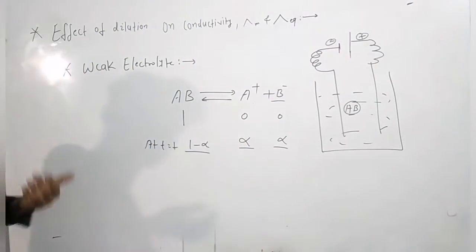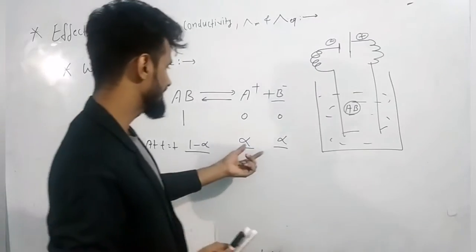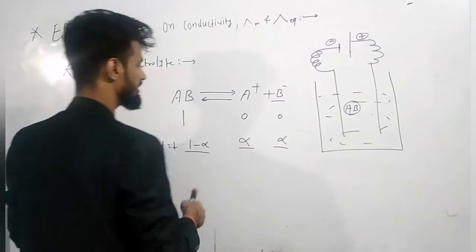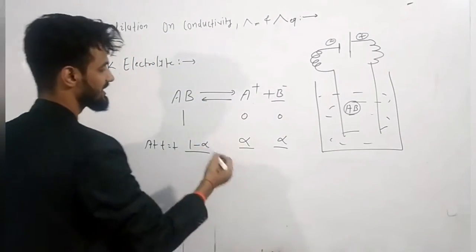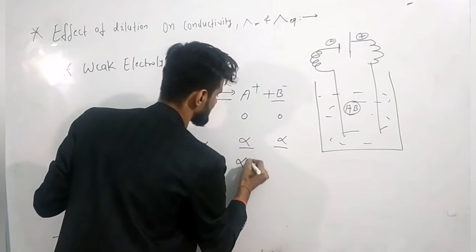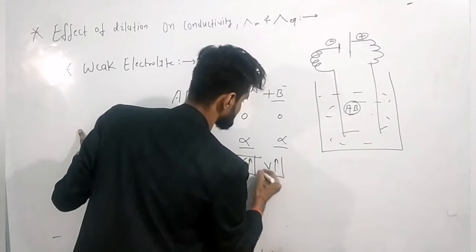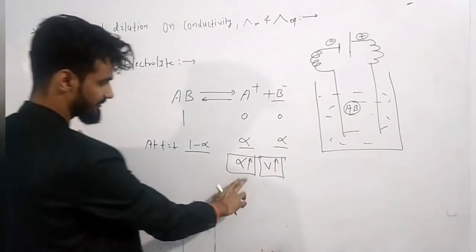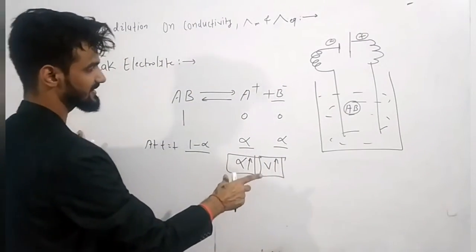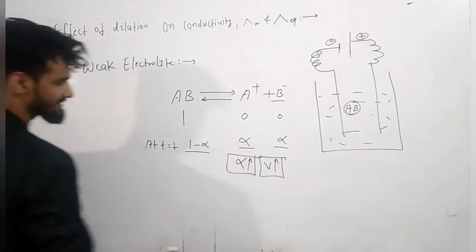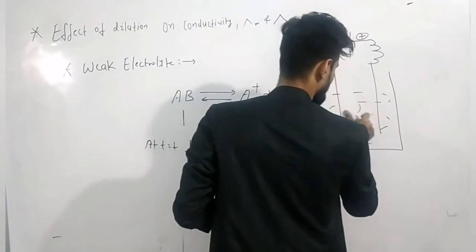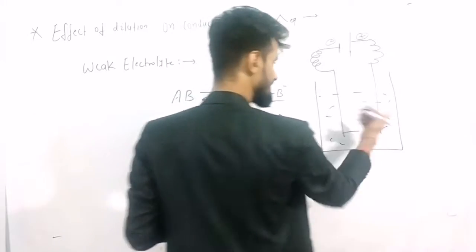I think up to this point you all are clear. Understand one thing. Alpha is very less than 1. Now, if you are going to dilute, due to dilution the value of alpha increases. The degree of dissociation increases if volume increases. Means in this particular electrolyte solution, the number of charge carriers will get increased.